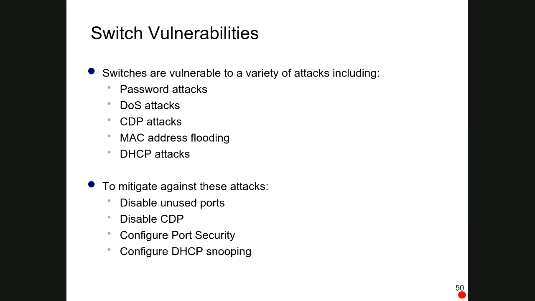Another thing we'll look at is DHCP attacks, the Dynamic Host Configuration Protocol attacks, where you try to set up a rogue DHCP server and insert yourself as a man in the middle. So as a best practice in Cisco Networking Academy labs, what we'd like to do is disable the ports we're not using, disable Cisco Discovery Protocol if we don't need it, and we can configure port security and DHCP snooping. We'll look at port security later on in this chapter, and you'll do that in the lab.